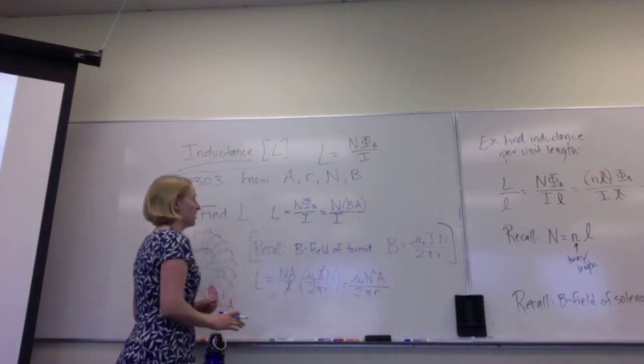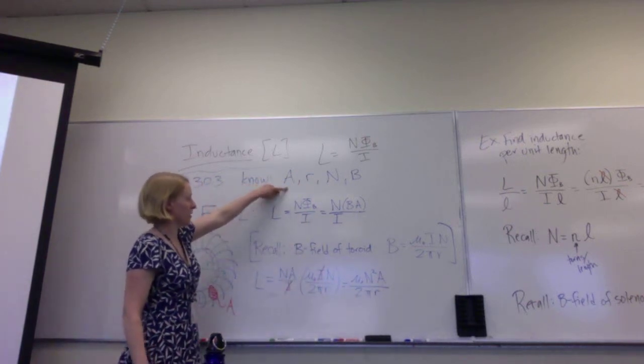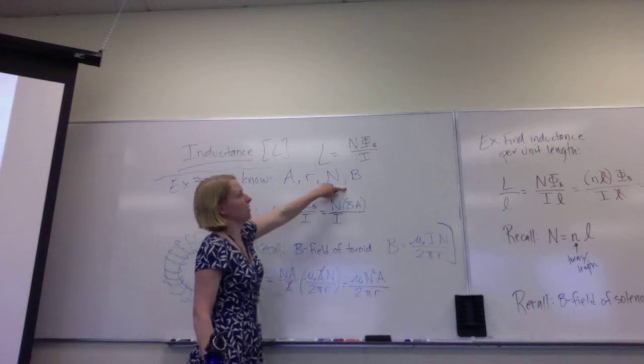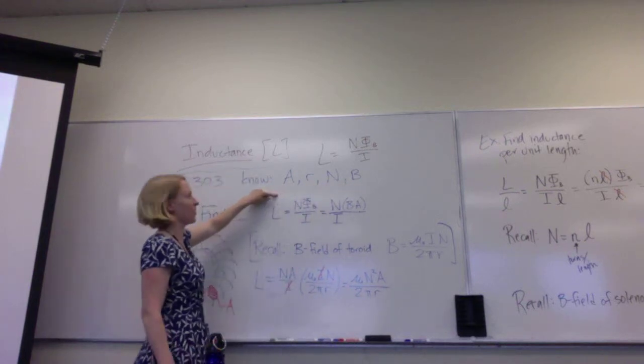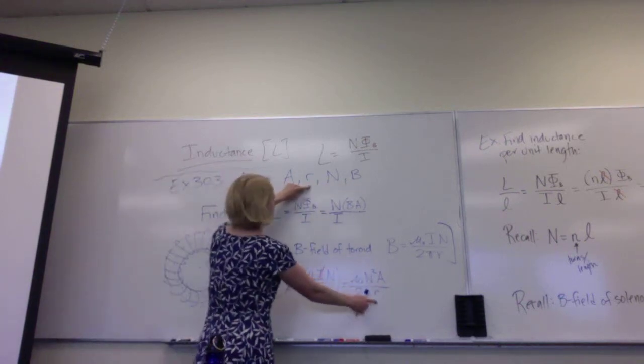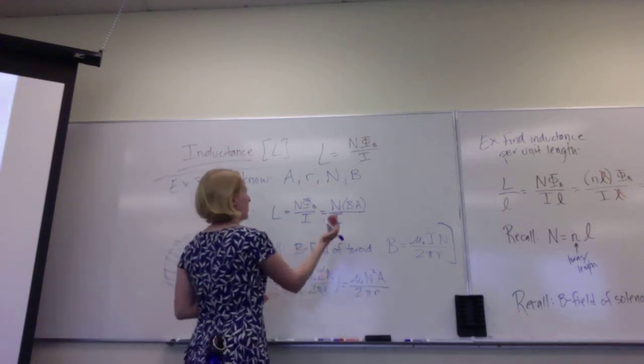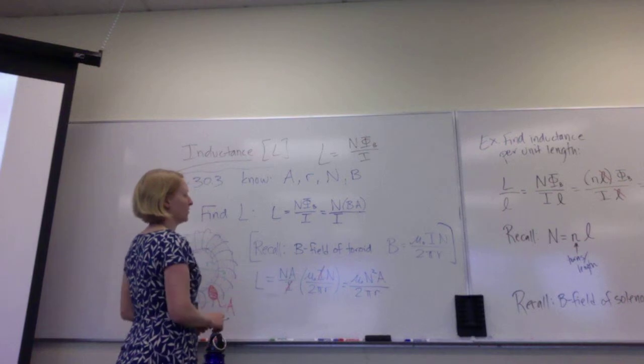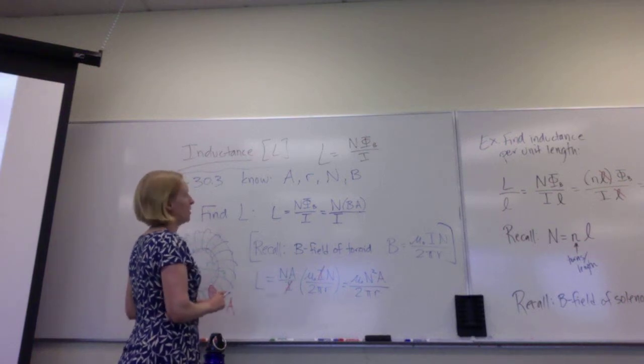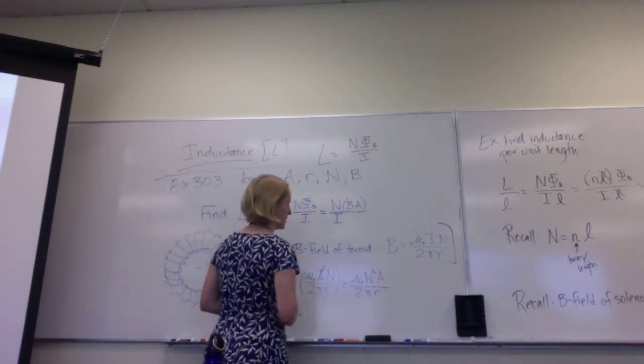Let's check. We were given A. These are all the things that we could have numbers for if they gave us a number problem. So we have A, we have R, we have N. B dropped out of the equation. Actually, we didn't even need to make that substitution. But anyway, we would assume that we know our constants.